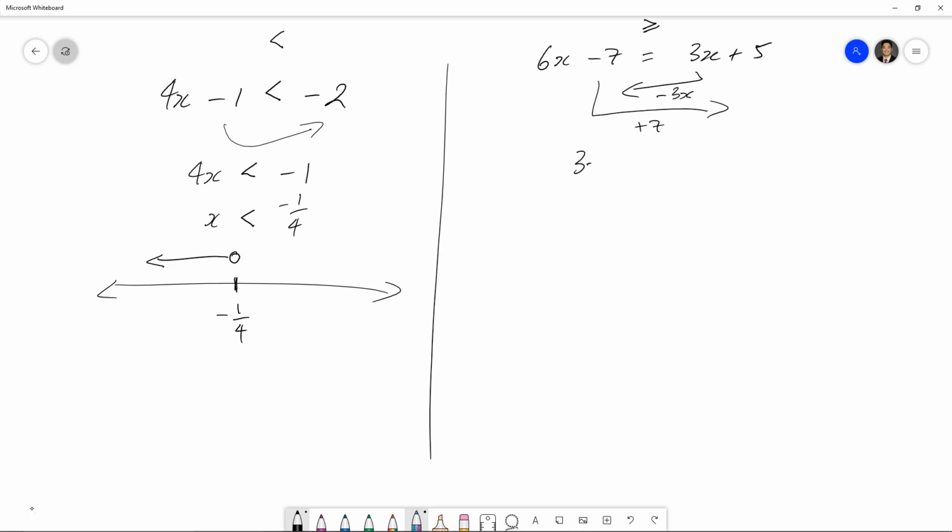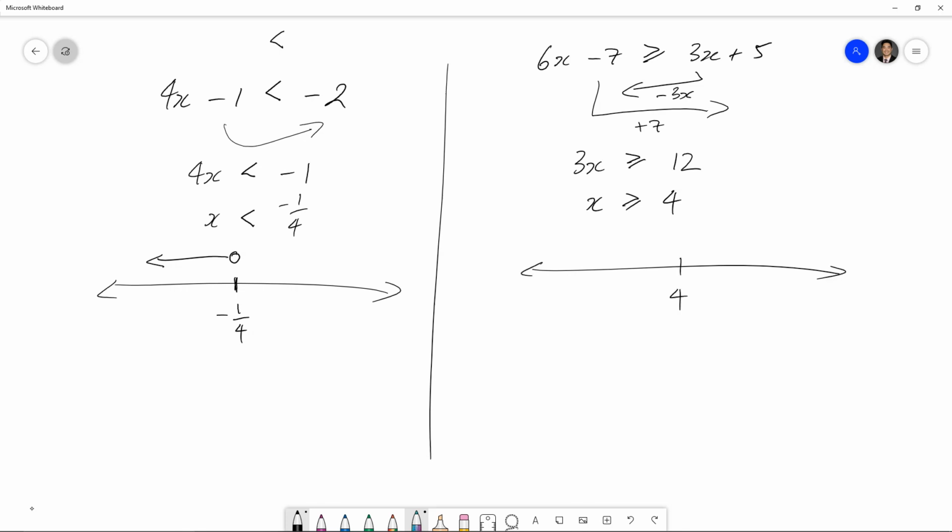So we end up having 3x equals 12, therefore x equals 4. But remember, we're dealing with an inequality sign, so I'm going to replace that. I'm just solving this like any other linear equation. So we've got x is greater or equal to 4.